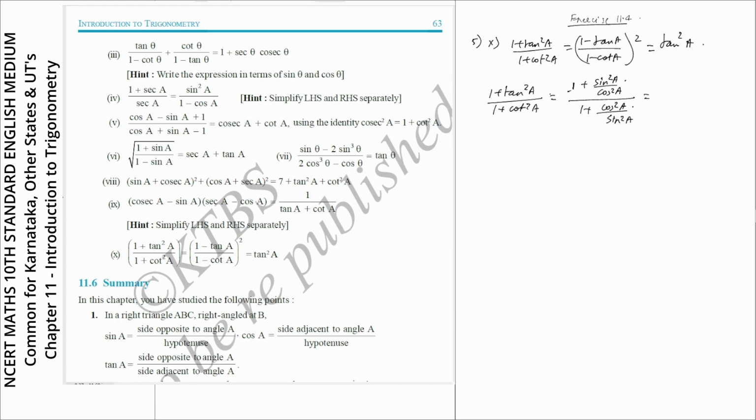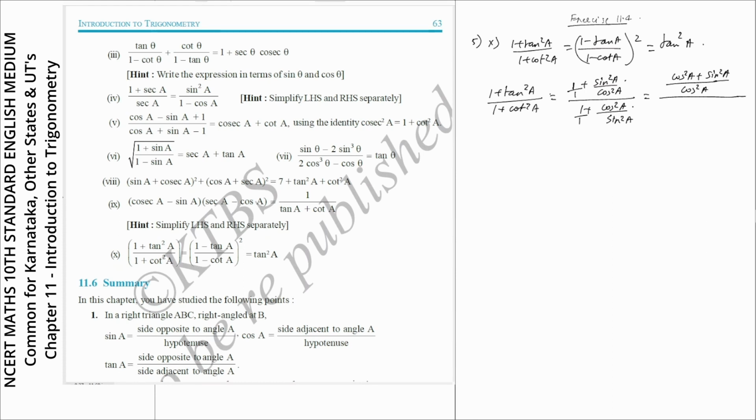Now 1 means 1 by 1. So LCM of 1 and cos square A is cos square A. So I'll get cos square A plus sin square A the whole divided by cos square A. Now here also 1 means 1 by 1.